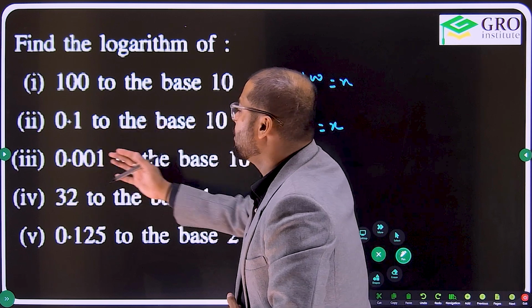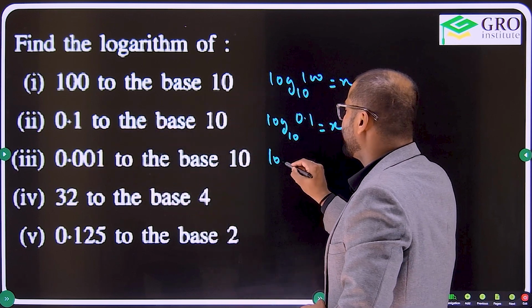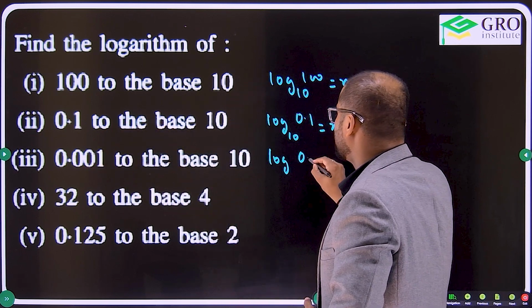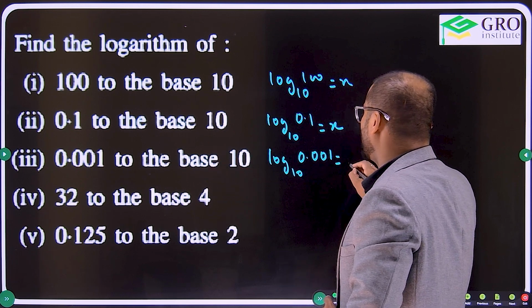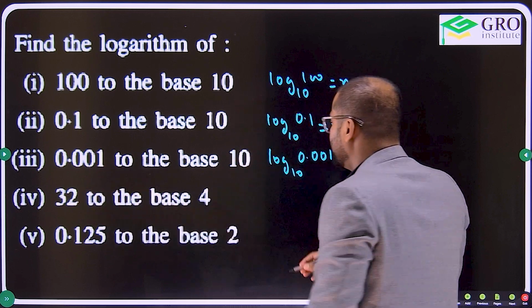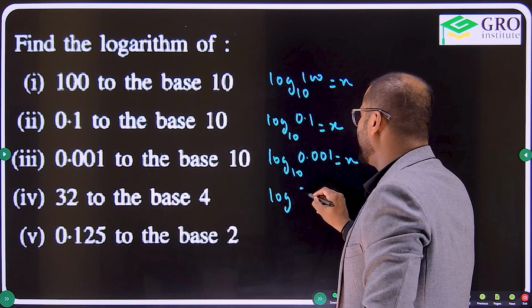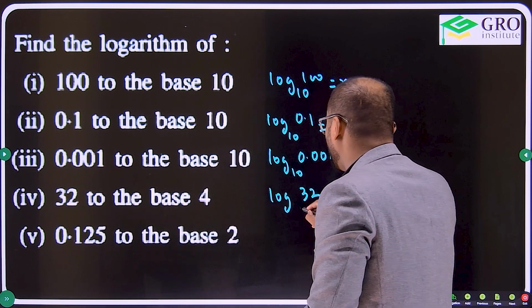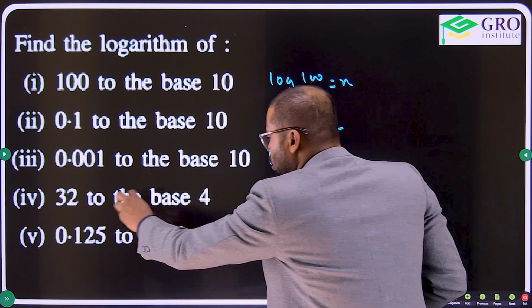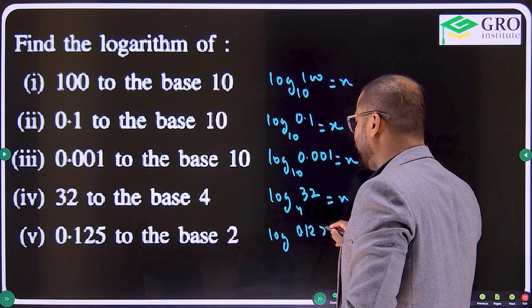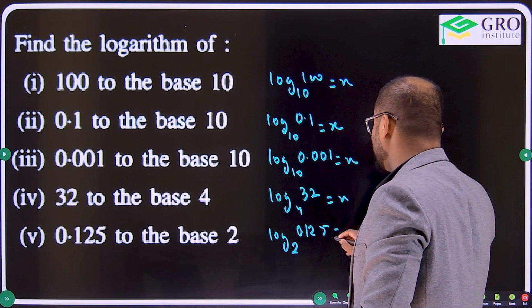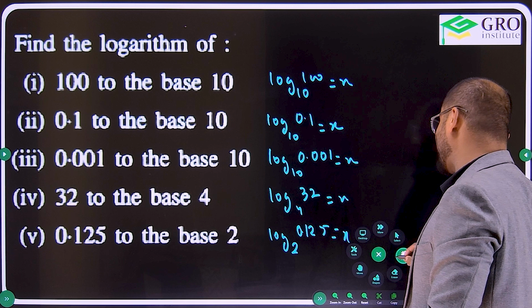So this is part 3, log of 0.001 to the base 10 is equal to x. Log of 32 having base 4 is equal to x. Log of 0.125 having base 2 is equal to x, right?